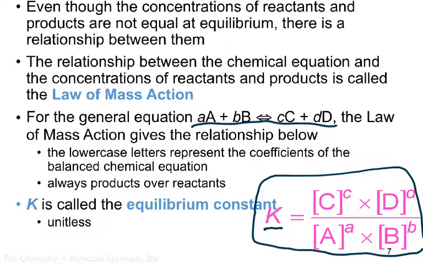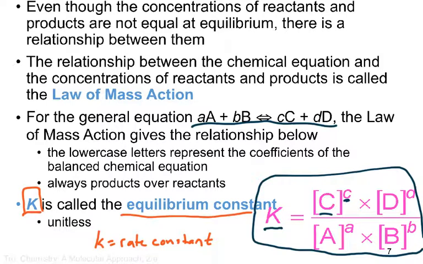Now, it is essential, I cannot emphasize this enough, do not mix up capital K, the equilibrium constant, with lowercase k, the rate constant. Remember, for the equilibrium constant, like we just learned, you do raise the concentrations to the power of the coefficients.